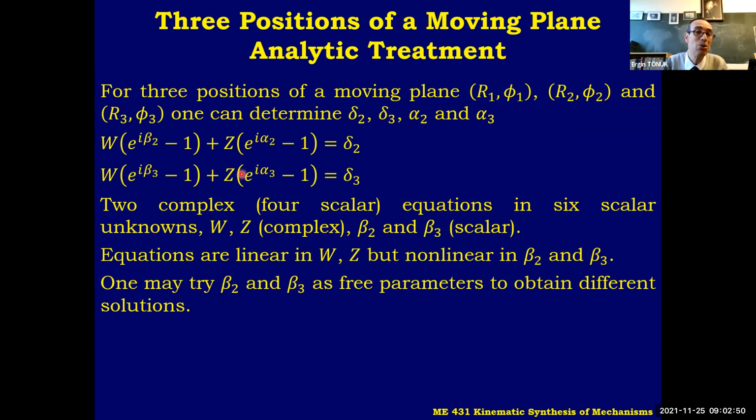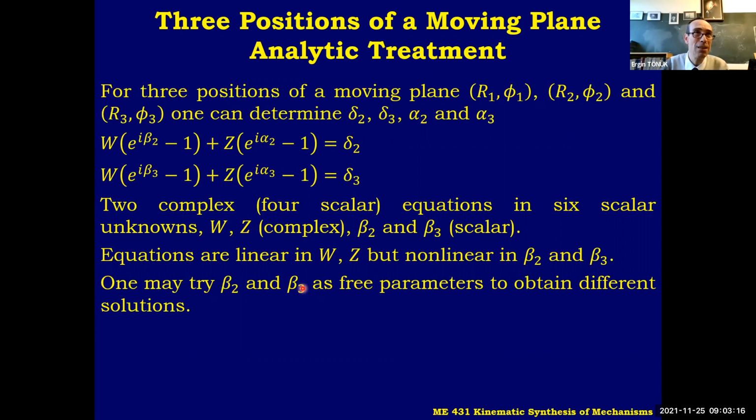So that's a good trick. So select a set of beta 2, beta 3, obtain, say, a unique A and A0. Select another set of beta 2, beta 3, say beta 2 prime, beta 3 prime, obtain B and B0.